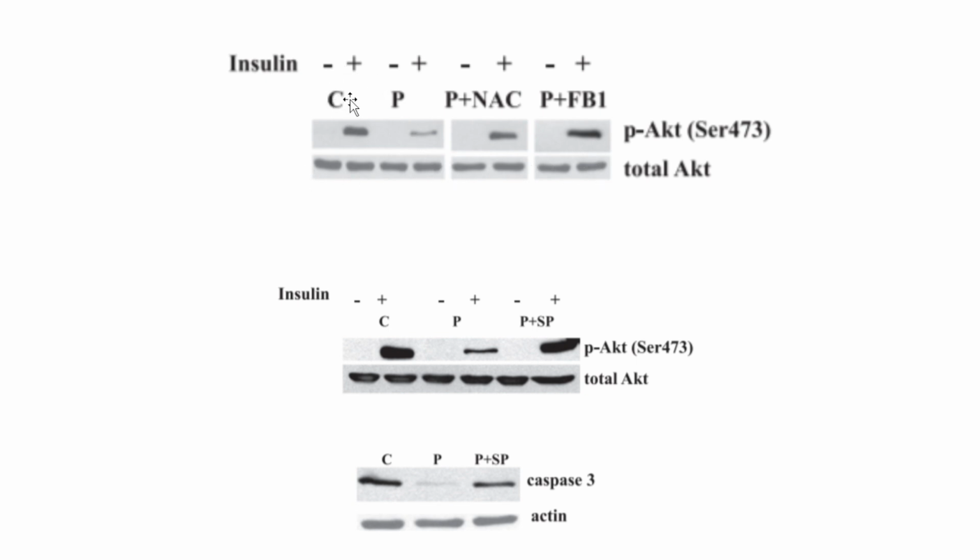But here we've got our control plus or minus insulin addition with palmitate. And then they've added these two drugs. I've already introduced FB1 to you, which is the mycotoxin which stops the production of ceramides. But beyond that, they also add NAC, which is an antioxidant or a precursor to the antioxidant enzyme glutathione. So antioxidants eliminate reactive oxygen species that we talked about earlier.